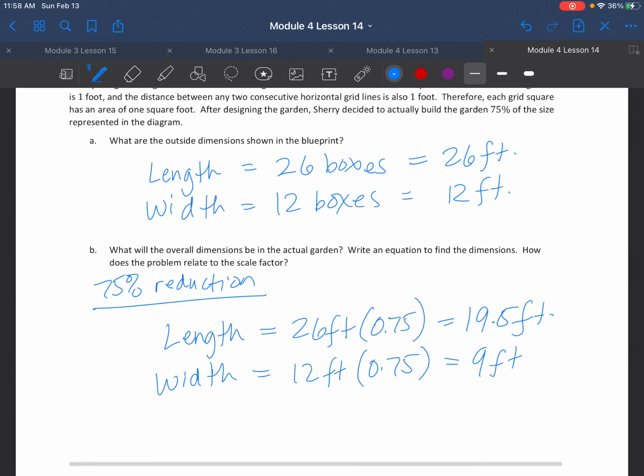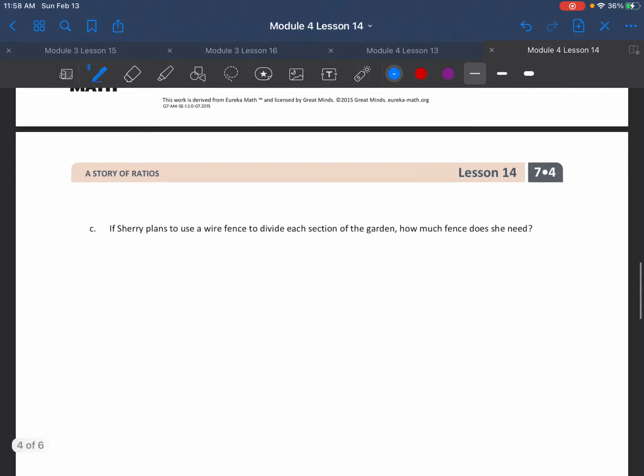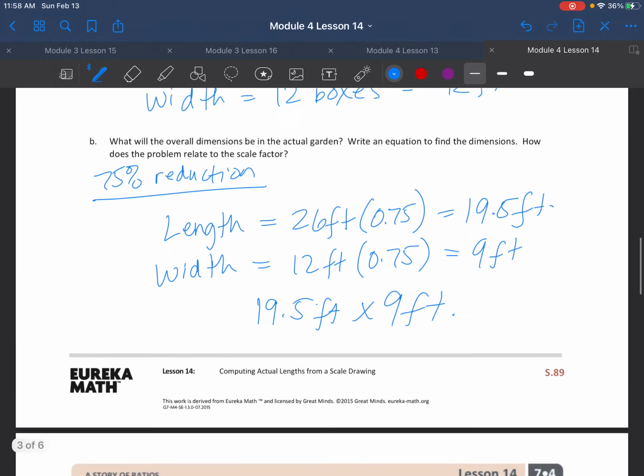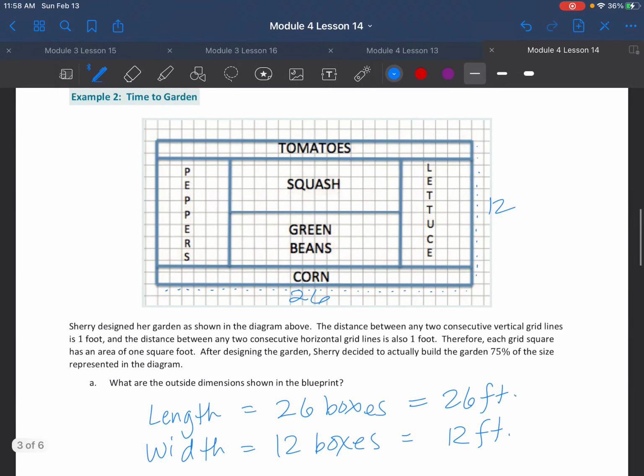And then the width is 12 feet times 0.75, which is 9 feet. So the dimensions are going to be 19.5 feet by 9 feet. Right? Those are just the outside dimensions.